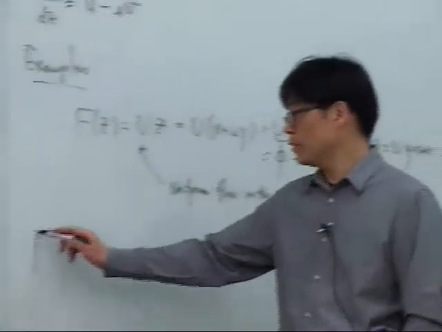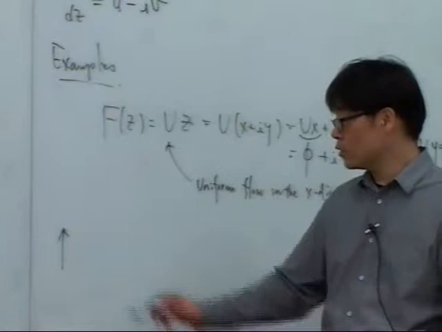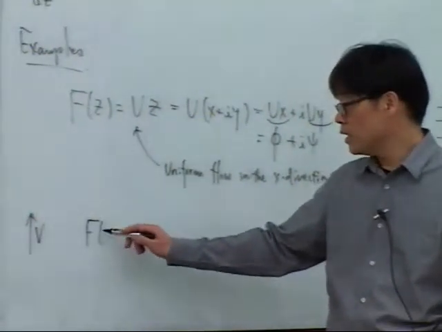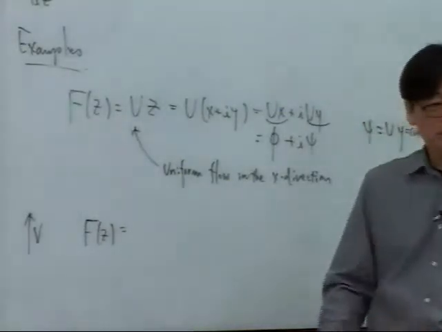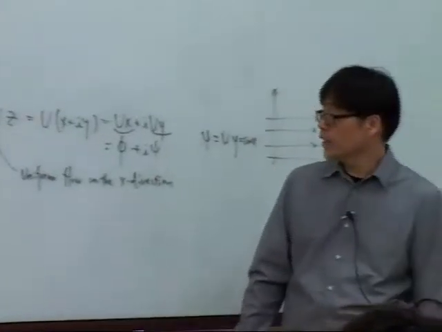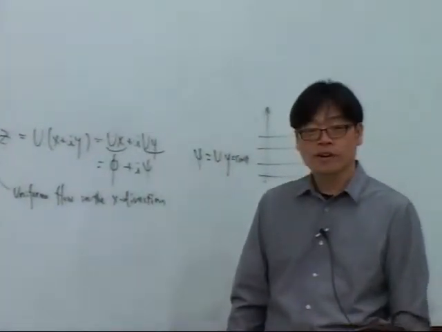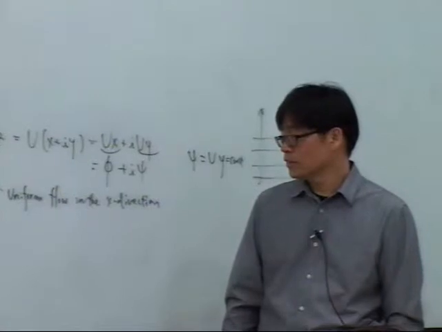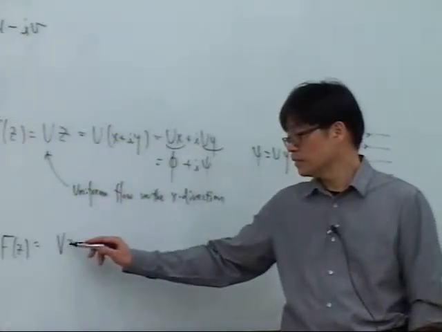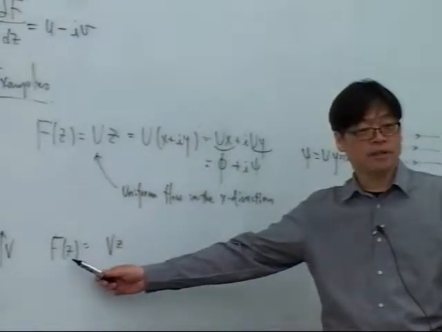How do you get the uniform flow in the y direction then? If I want to represent flow in the y direction whose magnitude is V, then f(z) has to be, any idea? I'm going to take a z derivative.